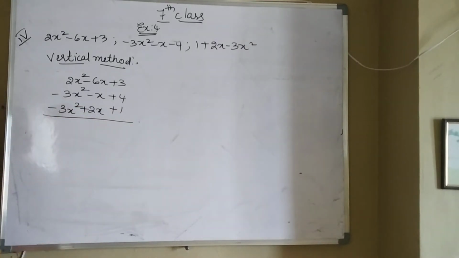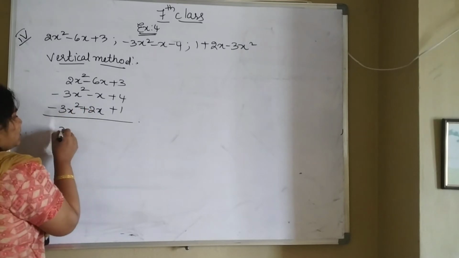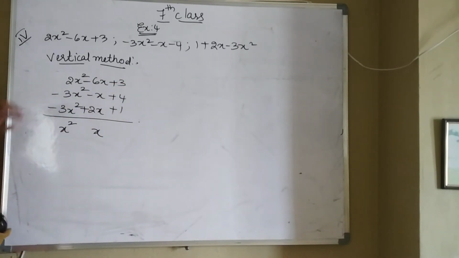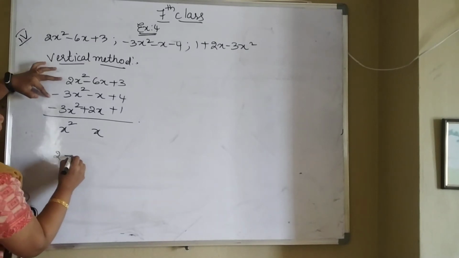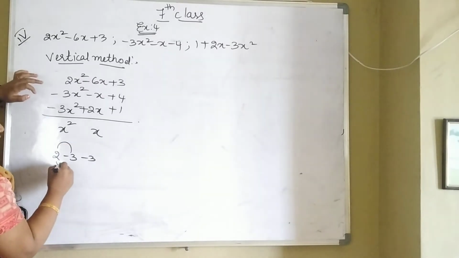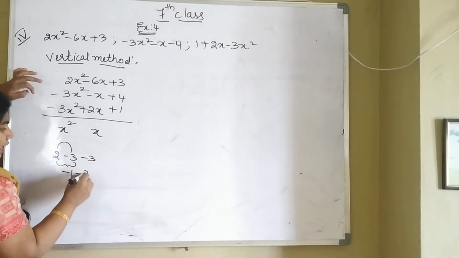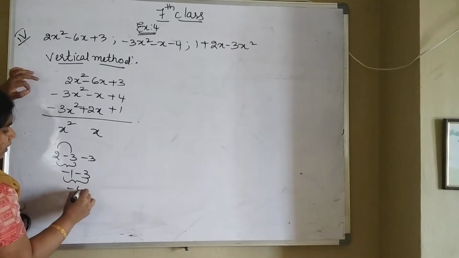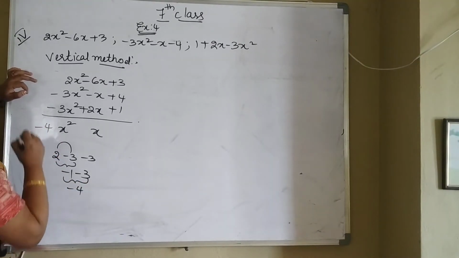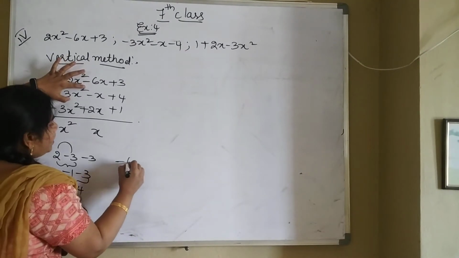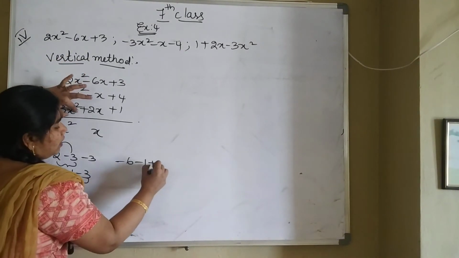So we have to add this. So write the alphabets as they are here, x square and x. These are the constant values. Okay, so here 2 minus 3 minus 3. 2 minus 3 will be minus 1. Here minus 3 I am writing as it is. So minus 1 minus 3 will be minus 4. So here it will be minus 4. Okay, next these x terms: minus 6 minus 1 plus 2.